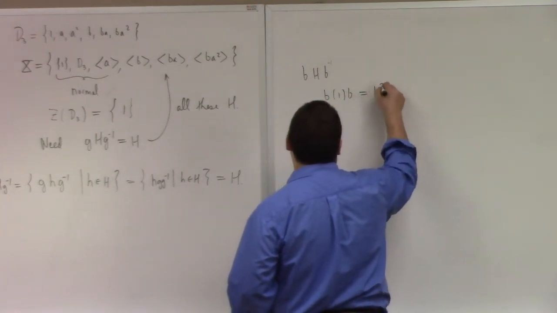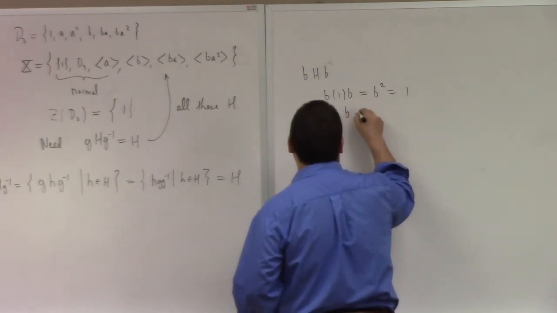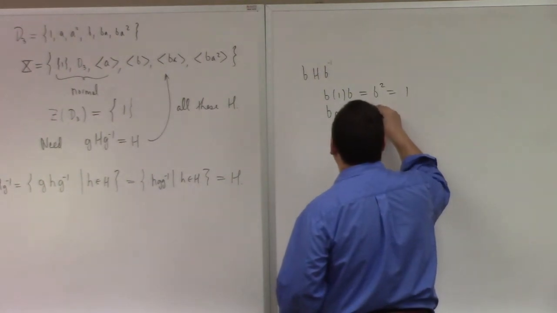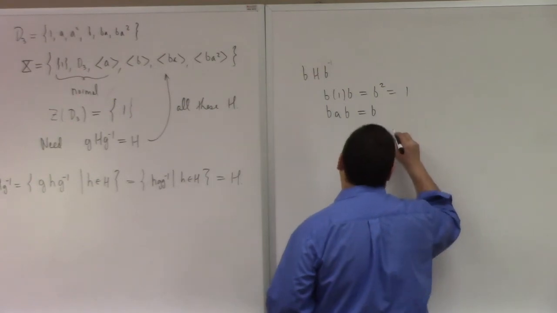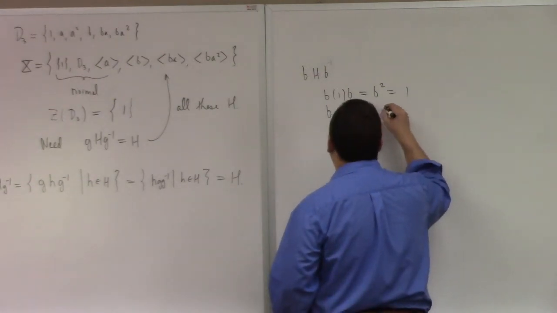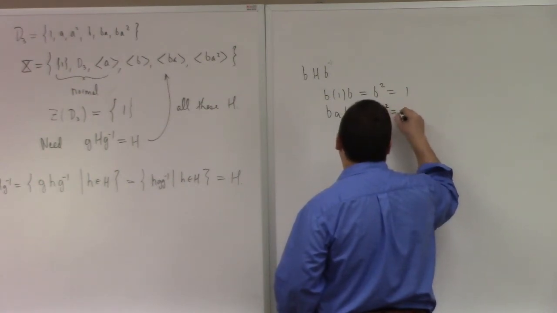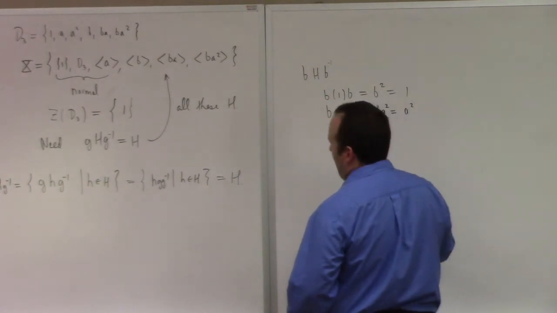We get B squared, which is 1. How about B A B? We get, oh, shnikes. Oh, no. Oh, man. But maybe that's okay. That gives me B B A squared, which is A squared. That might be okay though.